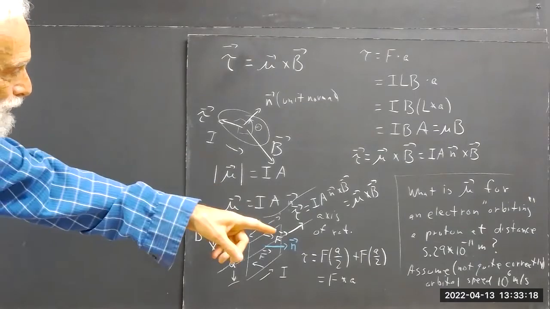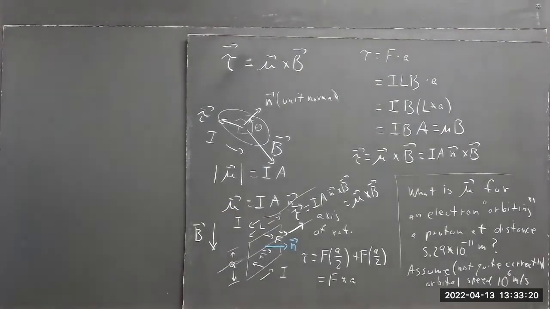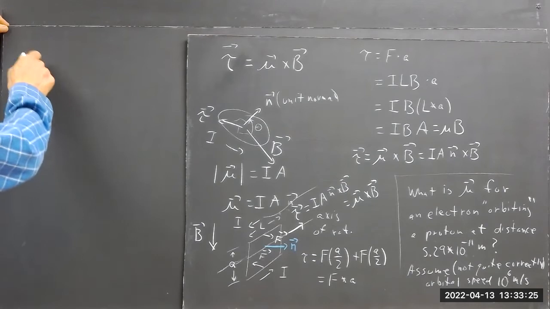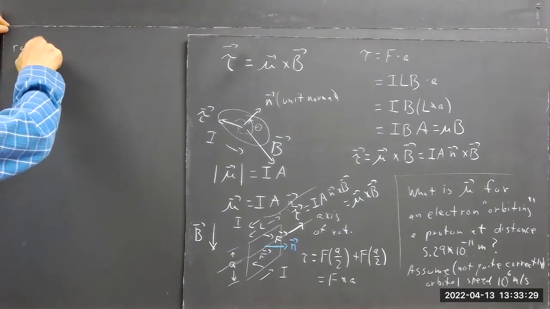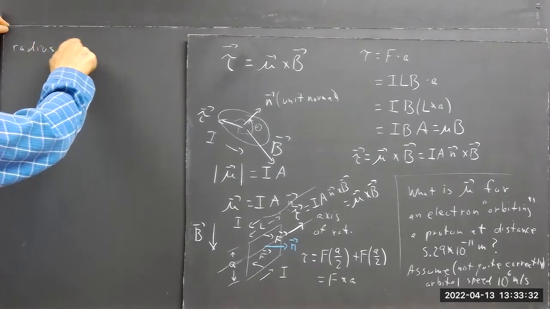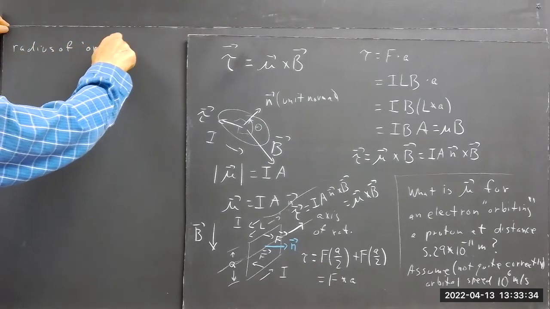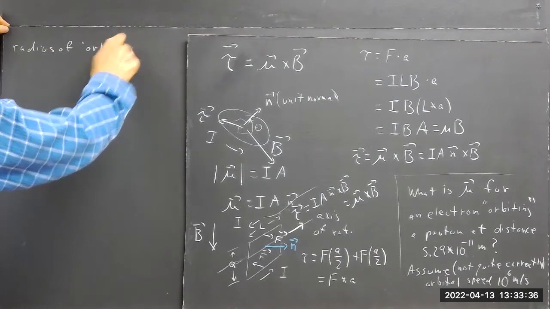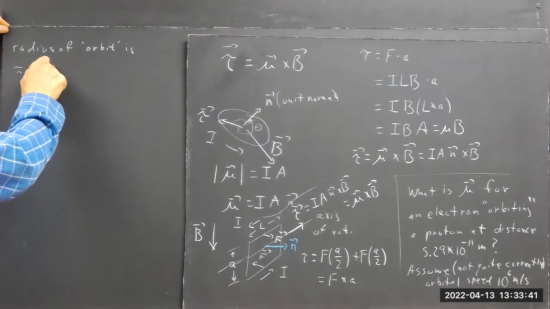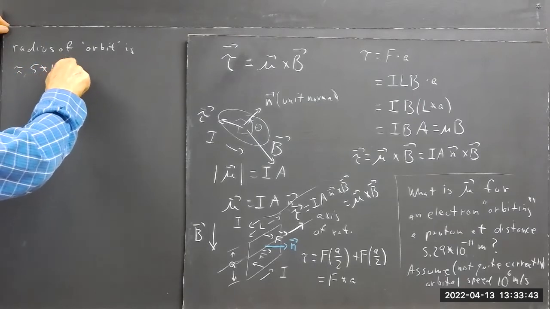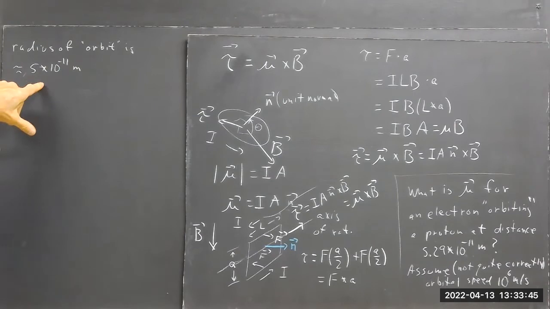Okay, so here. I'm going to say the radius of the orbit is approximately 5. We won't worry about the 0.29, which is rounded off anyway.